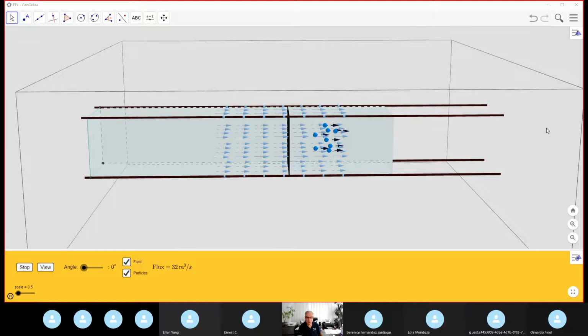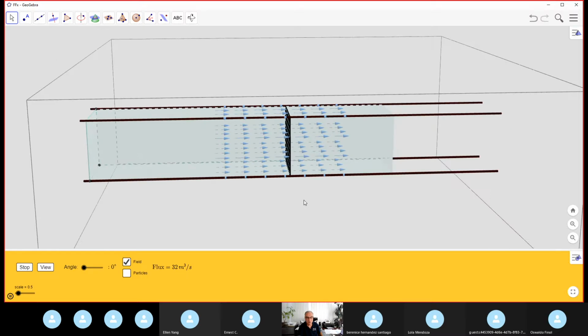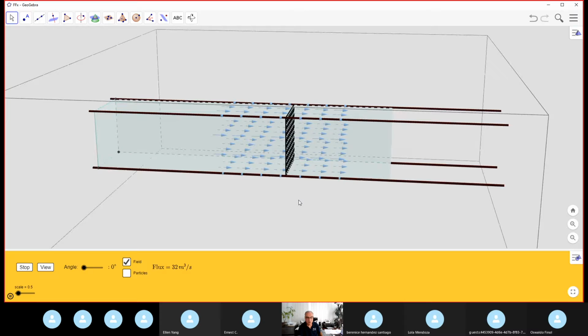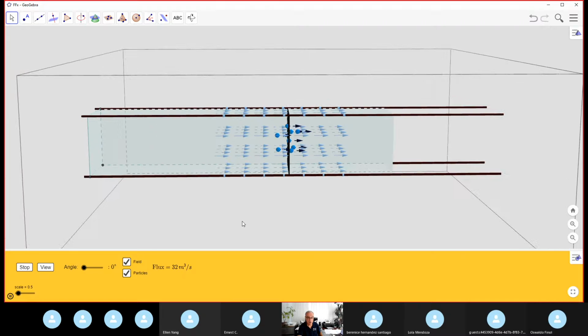In this animation, I see the vector field. Okay, look, this is the particle. No, not the particle. This is the vector field. We have a surface. Now the particle simulates the flow of something. Now we compute the flux. And the flux depends on the orientation.